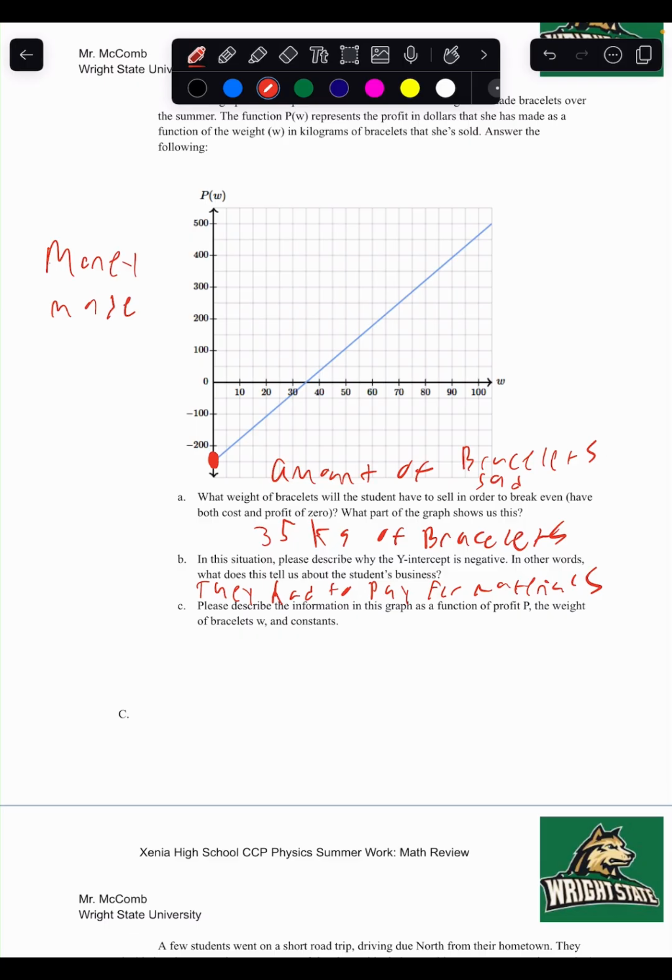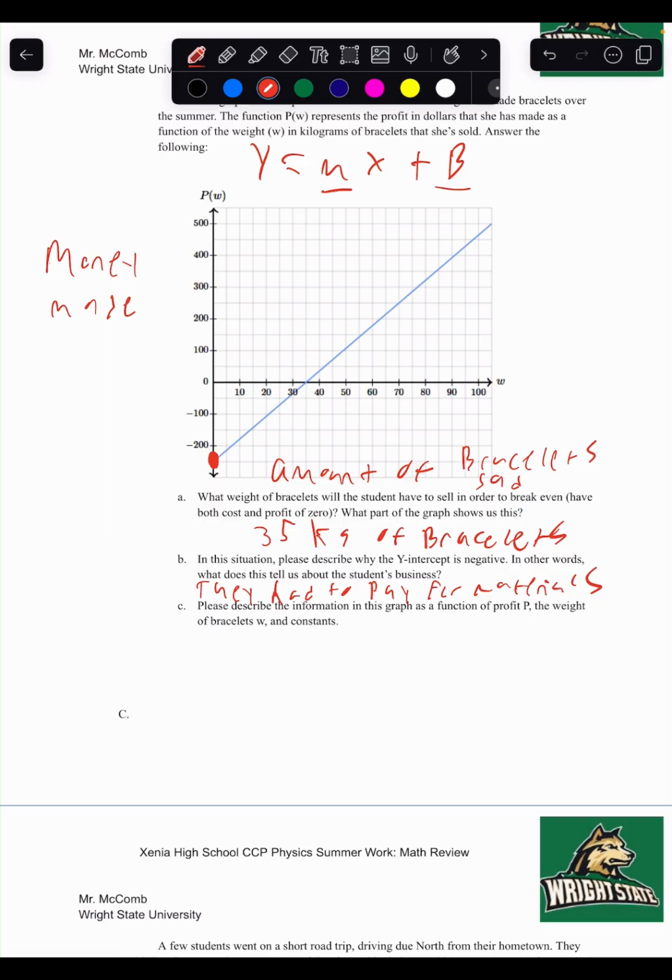Anyway, sorry. The last part of this question asks us to find a function. So basically, we want to find the equation of this line, in terms of the profit, the weight of the bracelets, W, and constants. Okay, so the equation for a line is y equals mx plus b, where m is the slope of your line, b is the y-intercept, and y and x are your input values.